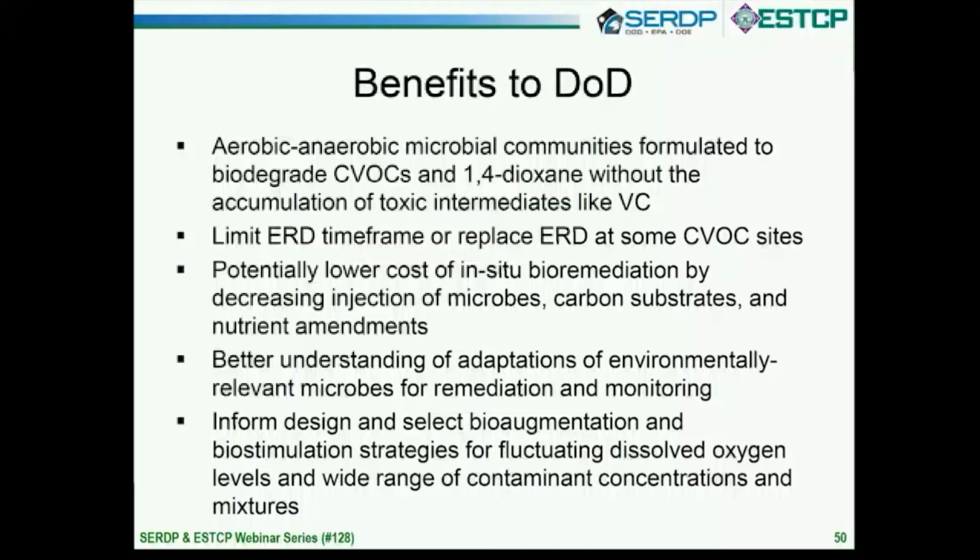We can also use these data and findings to design and select biostimulation strategies, cultures, bioaugmentation, their doses, their ratios of KB1 and CB1190, and understand what could happen under fluctuating dissolved oxygen levels, low concentration contaminant mixtures, as well as near source zones with high concentration. So I think results from this project would be really beneficial to the DoD and others.